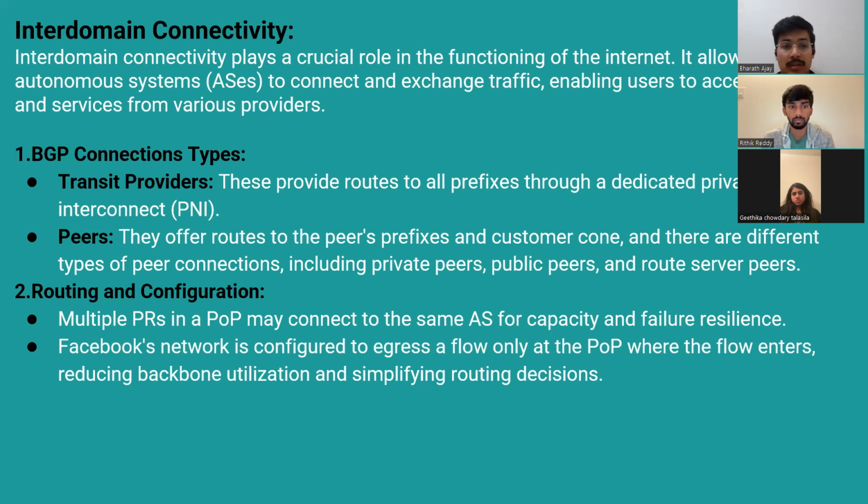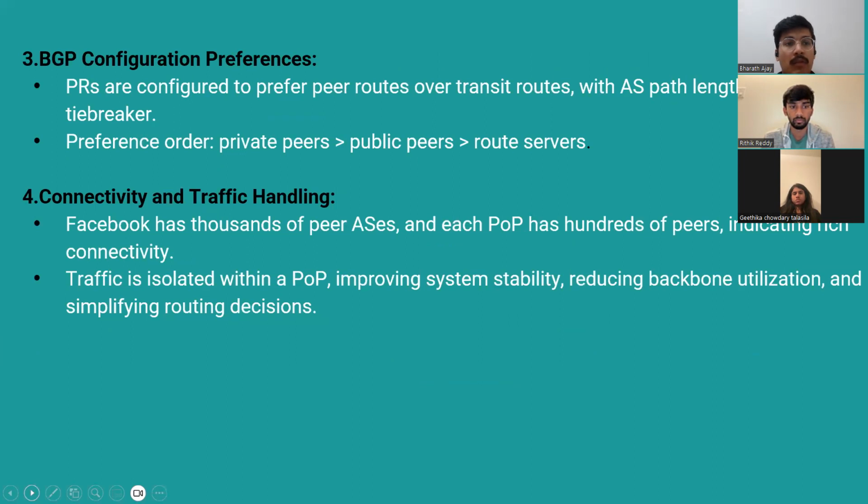Routing and configuration. Multiple peering routers in a point of presence may connect to the same ASW for capacity and failure resilience. Facebook's network is configured to serve a flow only at the point of presence where the flow enters, reducing the backbone utilization and simplifying the routing decision. Moving to the third slide, Border Gateway Protocol configuration preferences.